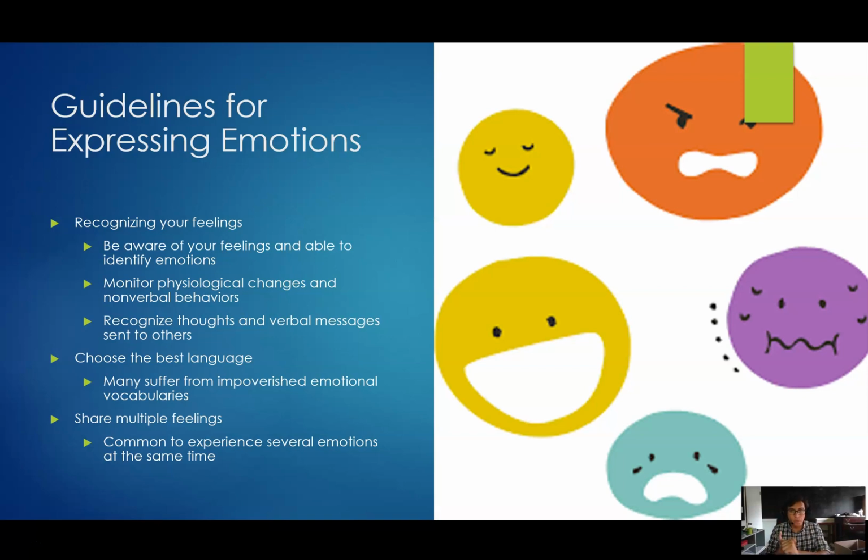Then to monitor physiological changes and nonverbal behaviors. What are you doing with your hands? What are you doing nonverbally? And how is your body reacting? That is very important because we want to be sure that we are managing ourselves.